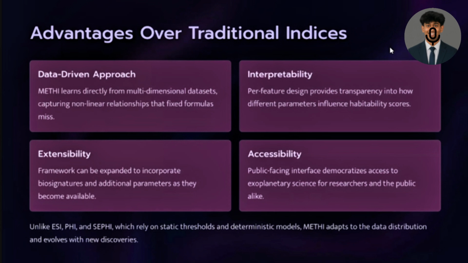And this is something I also want to implement in the future. It's very useful if we're using machine learning, because then it's very easy to implement that next parameter. And then, like I said, the accessibility. And once again, unlike ESI, PHI, and CEPHI, METHI really uses machine learning, which is very important for this to become a more scalable project.